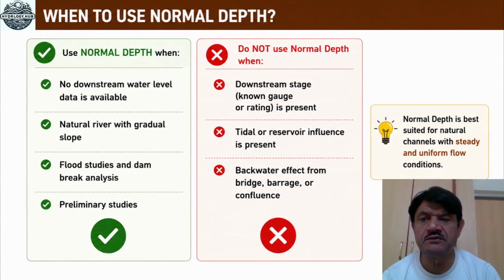However, avoid using normal depth if the downstream water level is controlled by a reservoir or tidal effects or hydraulic structures such as barrage or bridges. In such situations, a known water surface elevation or a rating curve provides a much more realistic downstream boundary condition. Choosing the correct boundary condition is just as important as selecting the correct river slope.